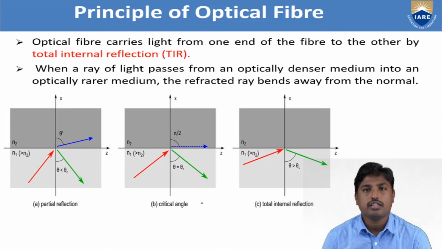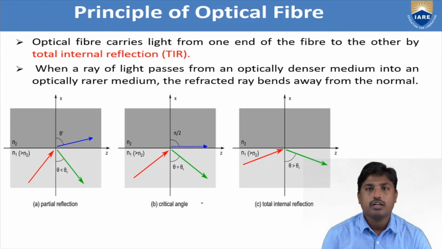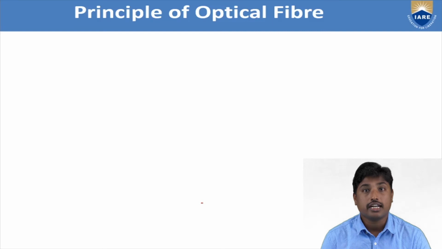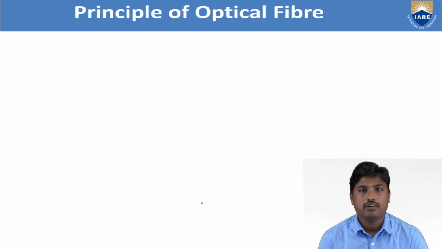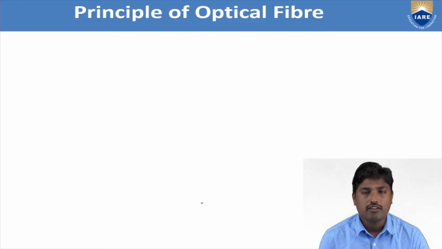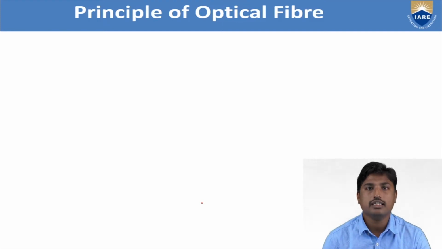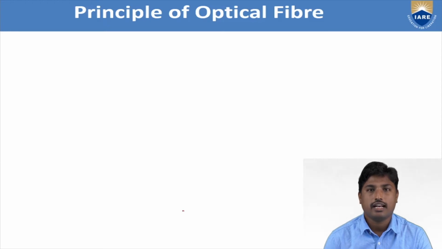Coming to the total internal reflection. To get total internal reflection, the light ray should satisfy two conditions. First, it is traveling from a denser medium to a rarer medium. Second, the angle of incidence is greater than the critical angle.